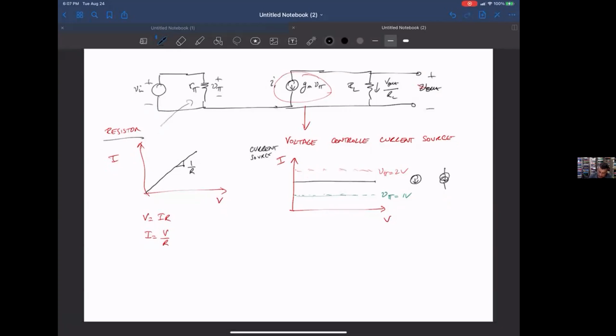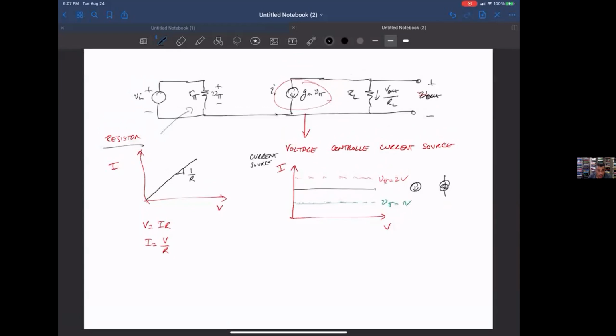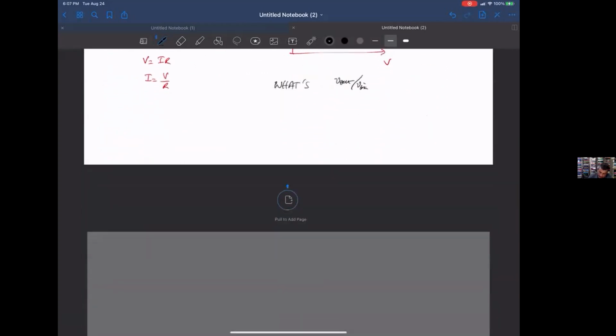So the problem asks for the ratio V out over V in. Okay, so let's sort that out.